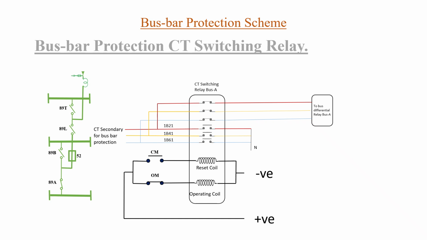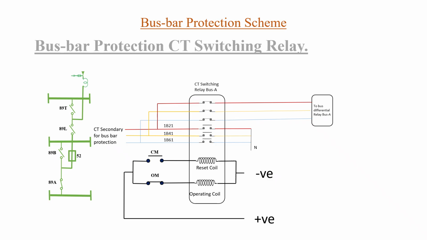When the isolator is closed, these contacts will be reversed, operating this operating coil, and these contacts have now changed. You can see this will be open, this will be closed. So the CT secondary busbar protection current will now be flowing to the busbar differential relay.